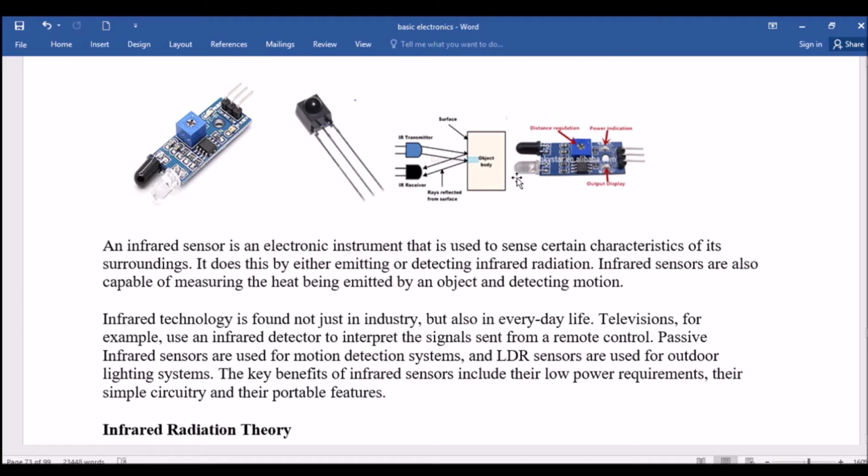You can use a remote control, and also for the detection of movements. There is a passive infrared sensor used to detect those motions. That is to remind you that it is not only designed for industry or big companies, but infrared is mostly used in our daily life.